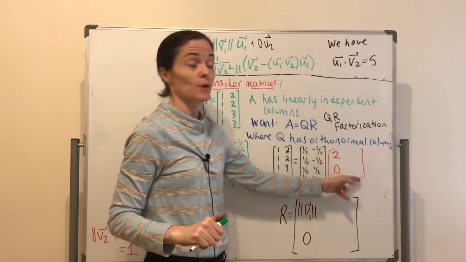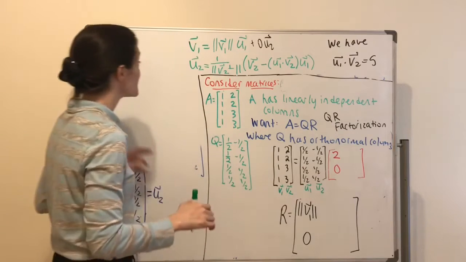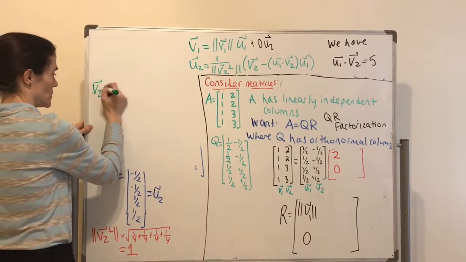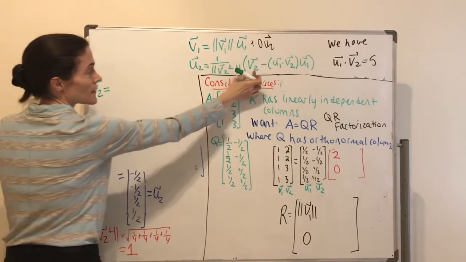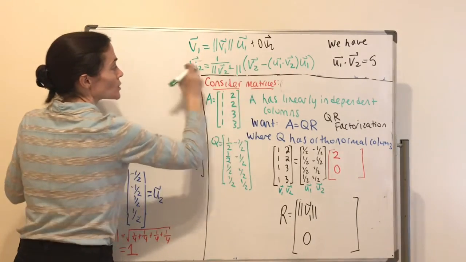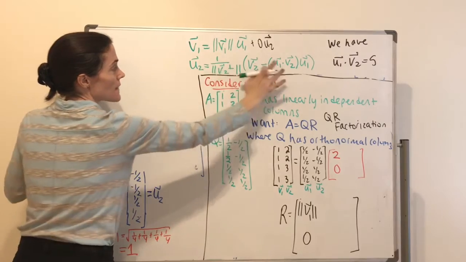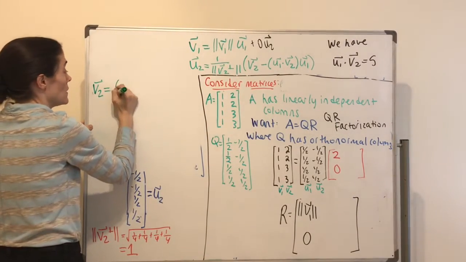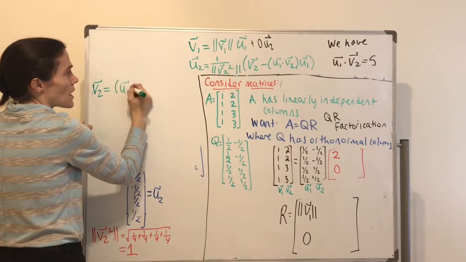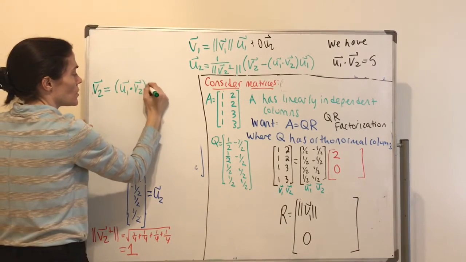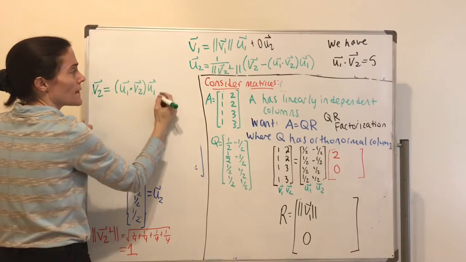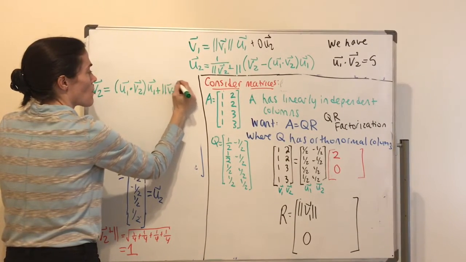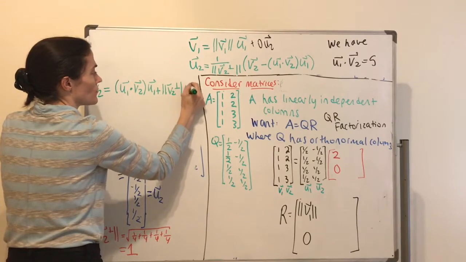It'll tell me what to put in these two entries. We're going to get V2 equals here. Well, if I multiply through by this length and then move this over here, I get the following: U1 dot V2 U1, and then plus the length of this U2.